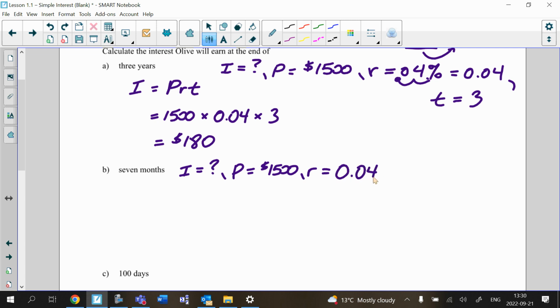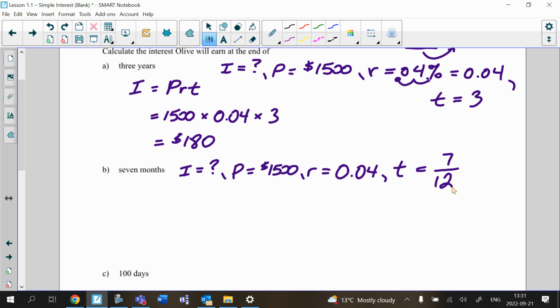Well, how many months are there in a year? 12. So that's what I would have to divide by, because it's 7 out of 12 months. The time is not yet 1 year. It's less than 1 year.